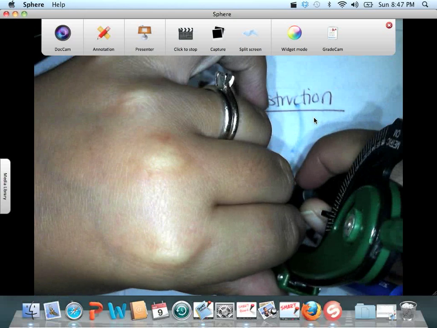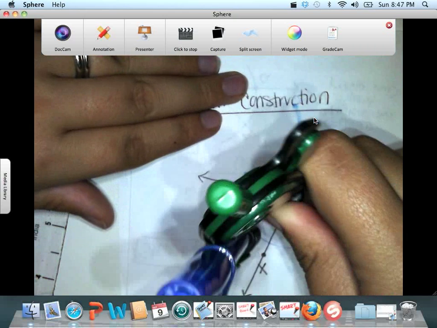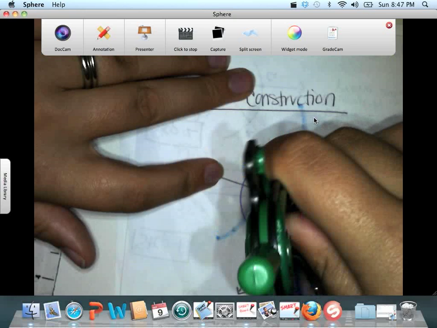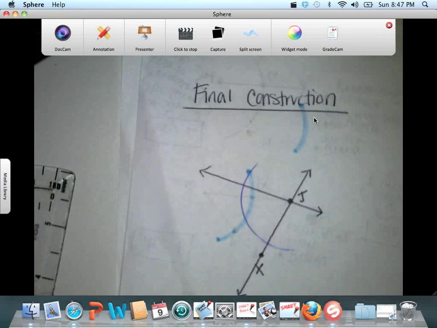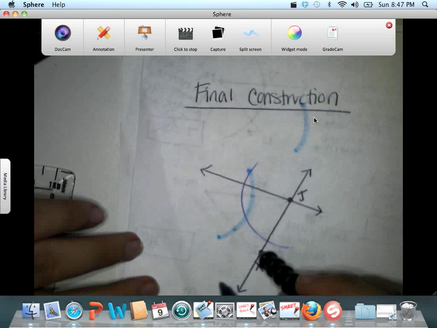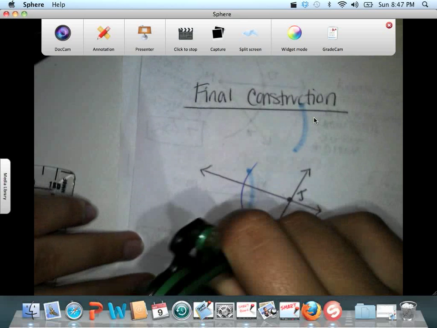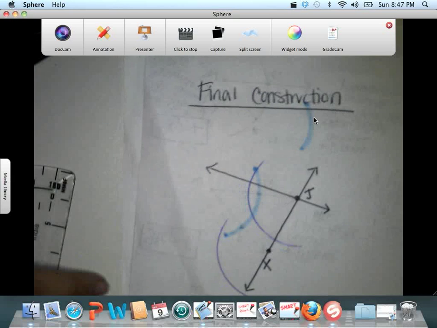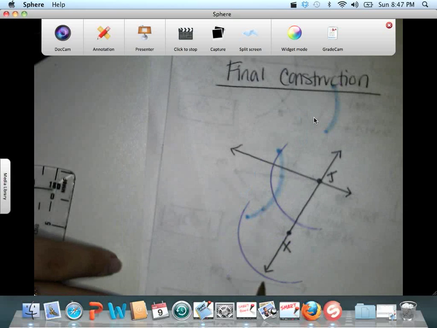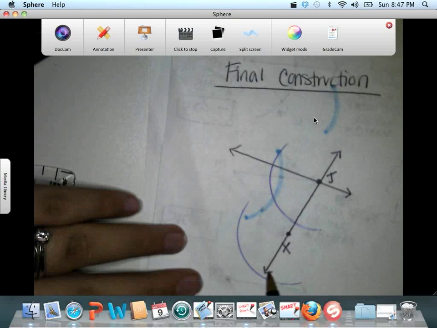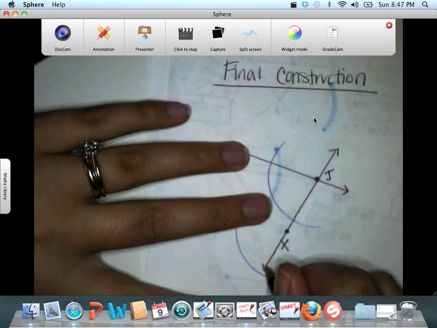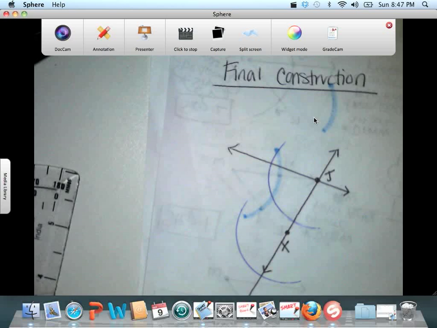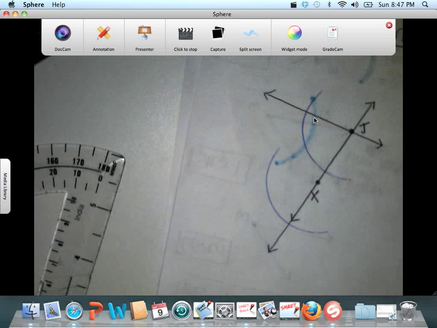Now make sure your arc does not go past X. And you do the same arc from X. Now I want you to notice it didn't touch. What am I going to do? It's fine because this is a line. So I can go like this. Oh, snap. Make it longer. Coolest trick in the book.